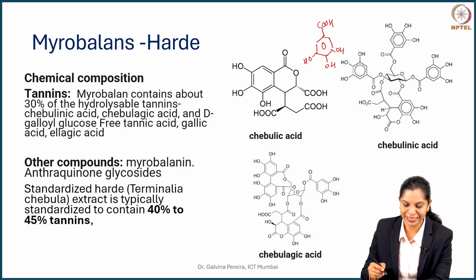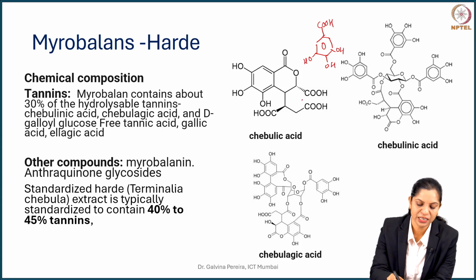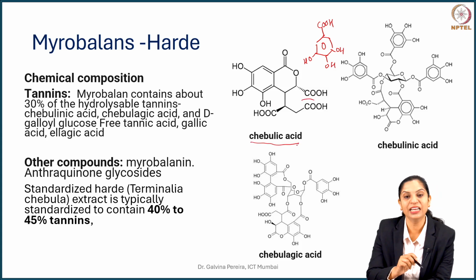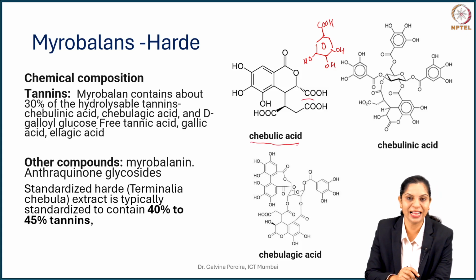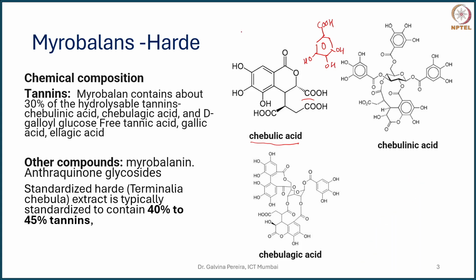So it contains gallic acid, dimer of gallic acid, which is your ellagic acid. Now what happens is, during the dimerization stage, sometimes these rings open up and you get what is called as chebulic acid. So chebulic acid is actually a derivative of ellagic acid structurally.